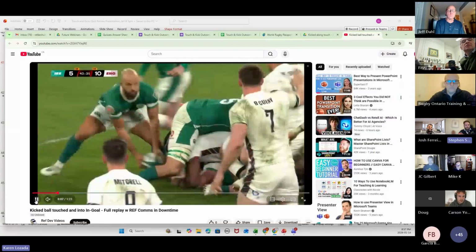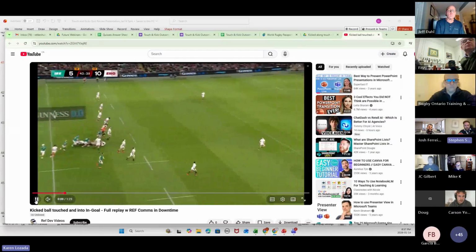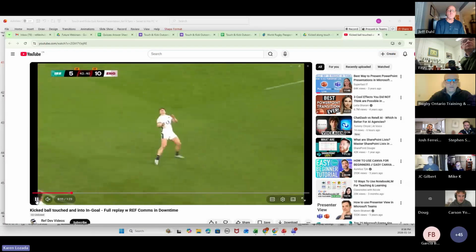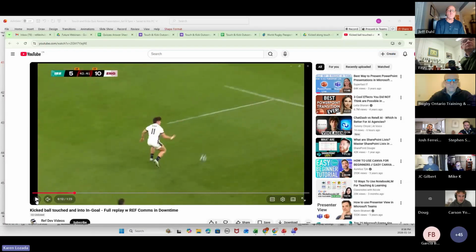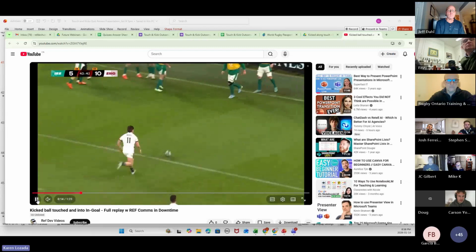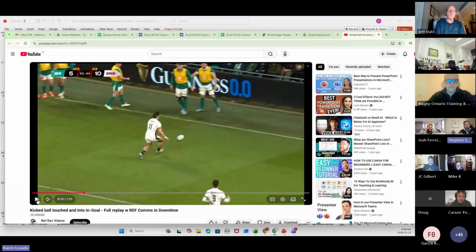If you just watch the White player right here, ask yourself, does a player who's really confident that they didn't touch that ball pursue the ball at the same speed as a player that knows that they may have brought that ball in?